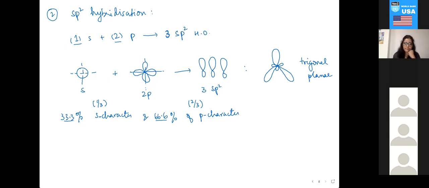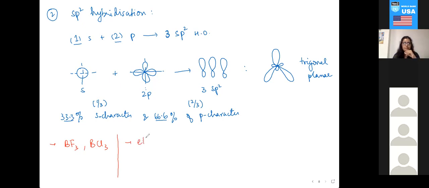Examples would be BF3, BCl3, where boron will undergo sp2 hybridization, and something slightly more complicated in comparison, ethylene.